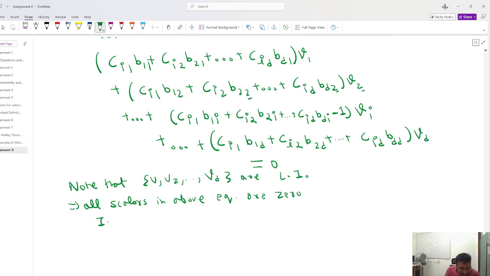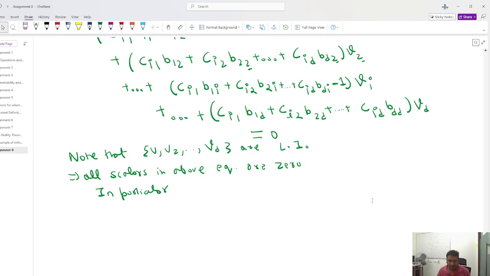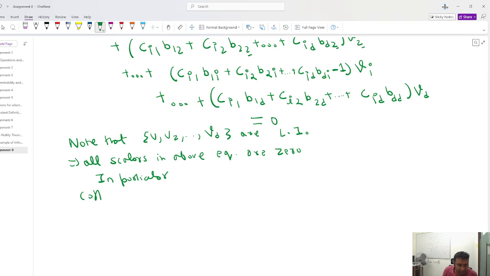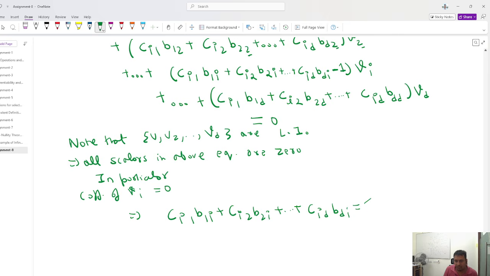So in particular, if you see the coefficient of Vi, did you get it now? What I mean by coefficient? Coefficient of Vi is 0. So what it tells you? Ci1 B1I plus Ci2 B2I plus dot dot dot CiD BDI equal to 1.